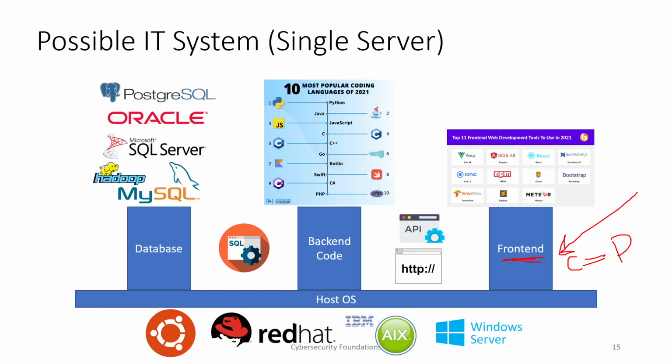Is anybody familiar with Apache as a web platform? Okay, Apache is simply a platform that you install on top of Windows or Linux, mainly on top of Linux systems such as Red Hat and Ubuntu, and it allows you to deploy a website over it.